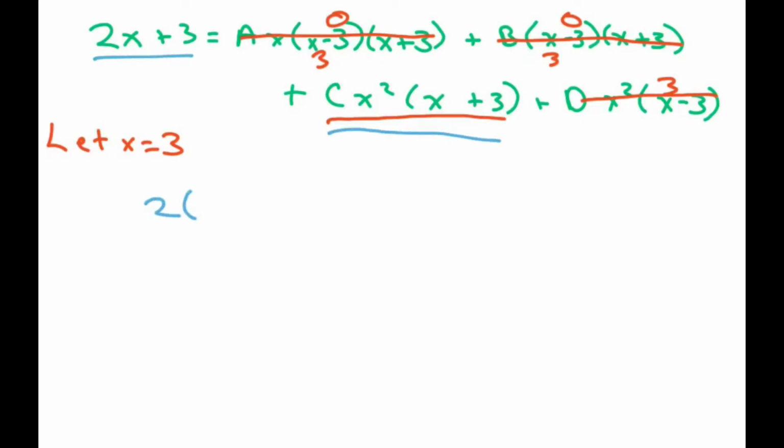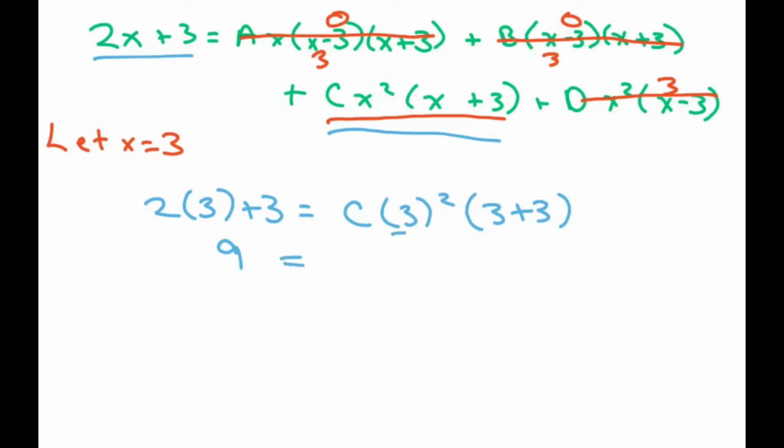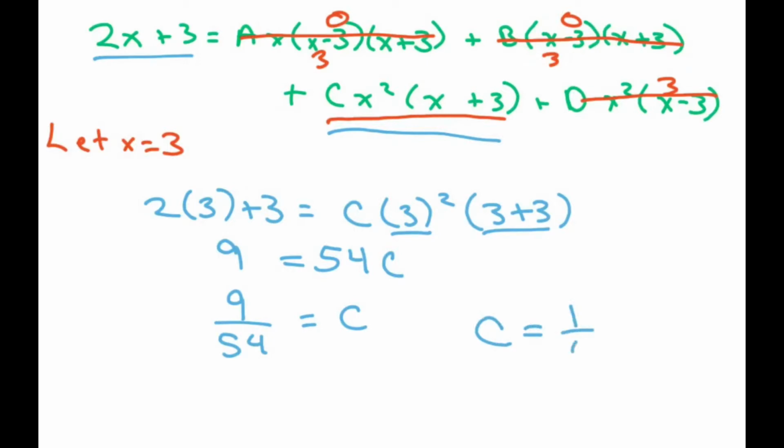So 2 times 3 plus 3 equals C times 3 squared times 3 plus 3. So 6 plus 3 is 9. And then this equals 9 times 6, which is 54C. So 9 over 54 equals C. Therefore, C equals 1/6 when you reduce it.